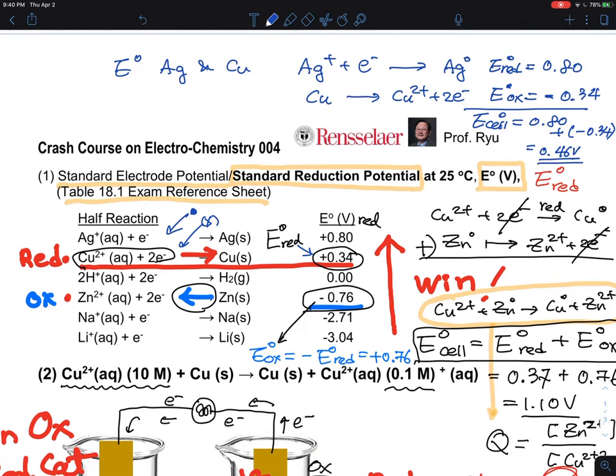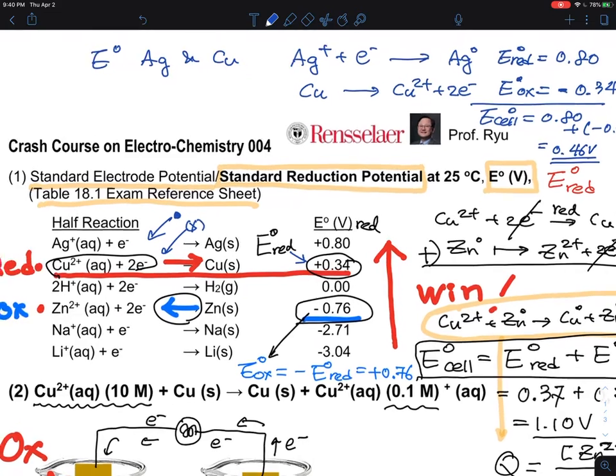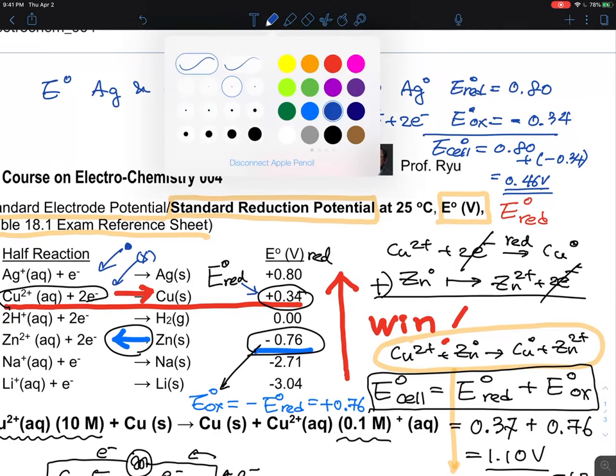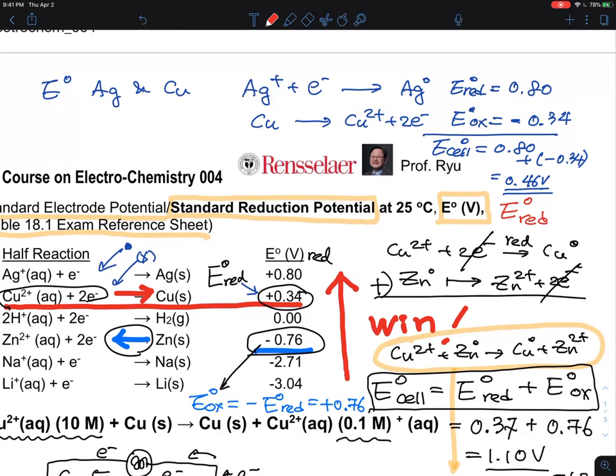Okay, so that's what happens with the Ag and Cu. I just focused on answering your question, E naught, but to elaborate a little bit here, I want a net reaction. This one is 2 electrons, so I just need to multiply by 2 to make this one 2, to make this one 2.